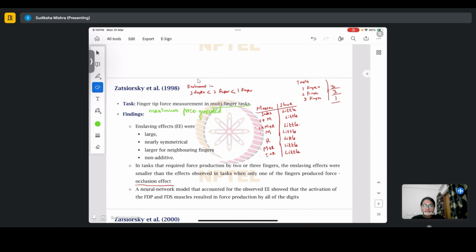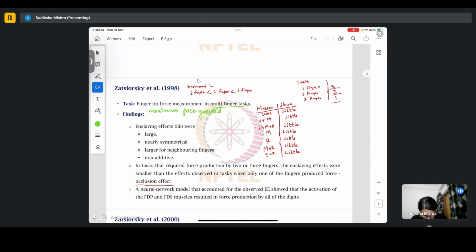from the same group. The enslaving effects are large and substantial. Suppose the master finger is the index finger, the force generated by the other fingers is very large, and the enslaving effects are also symmetrical. The enslaving effects were larger for neighboring fingers.